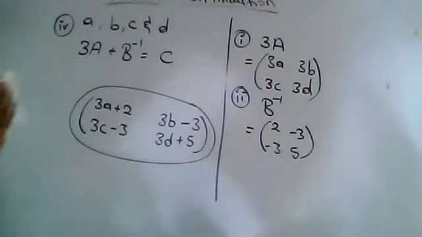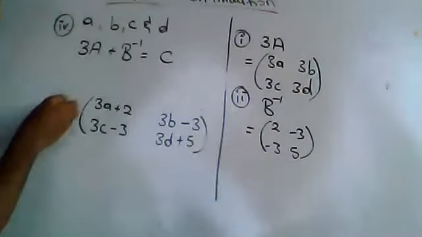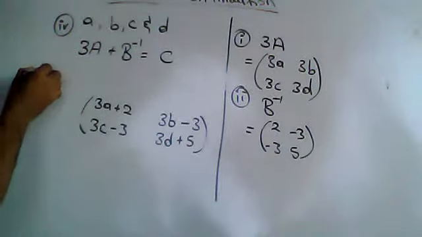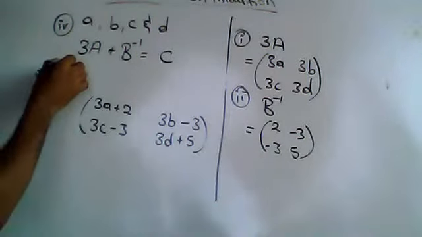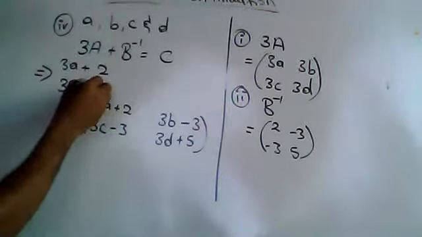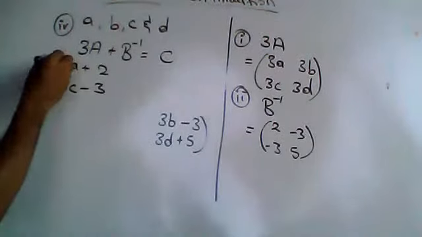So just remove this, and I'm going to rewrite all of this part here. So we have 3A plus 2, 3C minus 3. I don't really have much space, so let's do it like this.